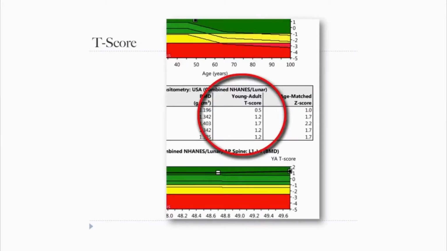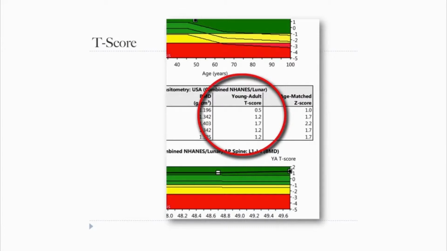The next element you see on this chart is the T-score, and you'll notice this says young adult T-score. T-scores we're going to talk about in detail, but this is a statistical calculation they use to define the point at which they say a person has normal bone density, osteopenia, or osteoporosis.